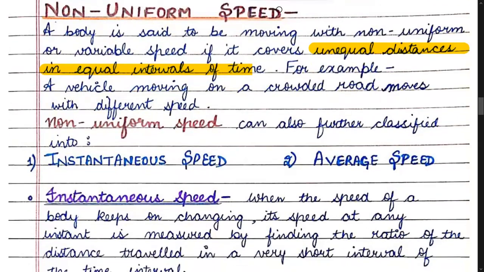Children, non-uniform speed is also known as variable speed. Variable means which is changing constantly. And non-uniform speed can be classified further into two categories: instantaneous and average speed. Now let us discuss each kind of speed one by one.